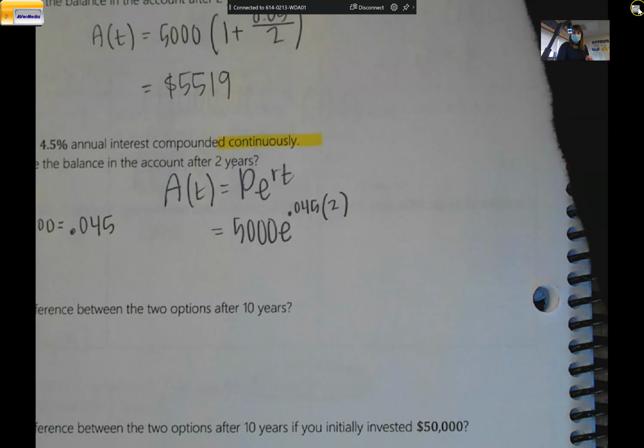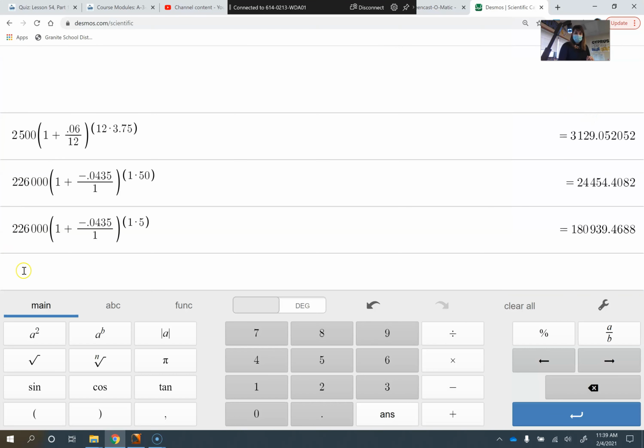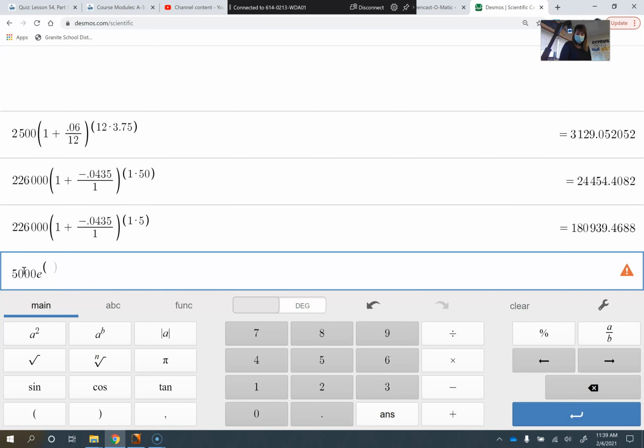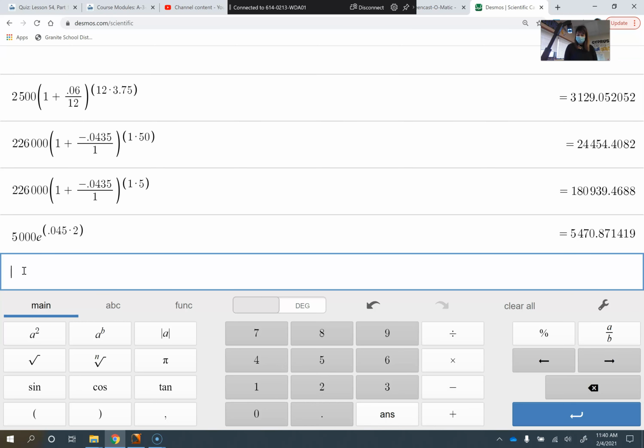So now I'm going to come back here, and all I have to type in this time is 5,000, and then just type the letter E. Shift 6, 0.045 times 2. And this time we have $5,471.